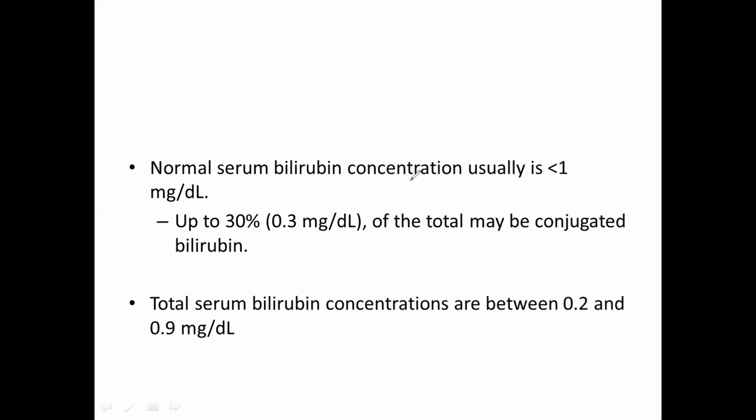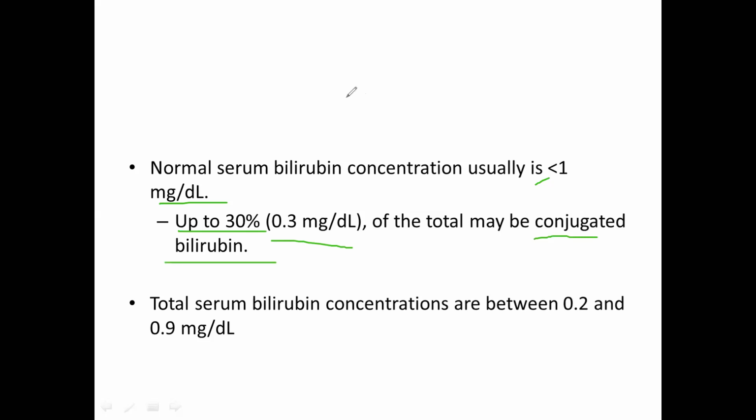The normal serum bilirubin concentration is usually less than 1 mg per dl, so that we have already seen. Out of this 1 mg per dl, nearly 30 percent, that is 0.3 mg per dl of the total bilirubin, may be conjugated bilirubin.